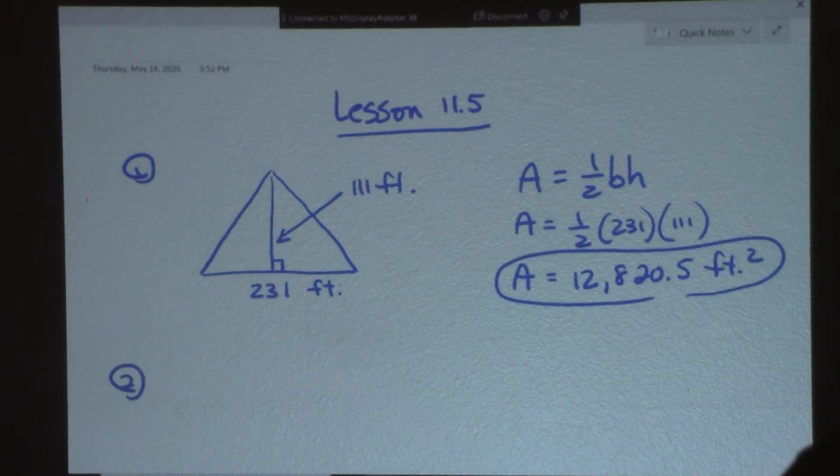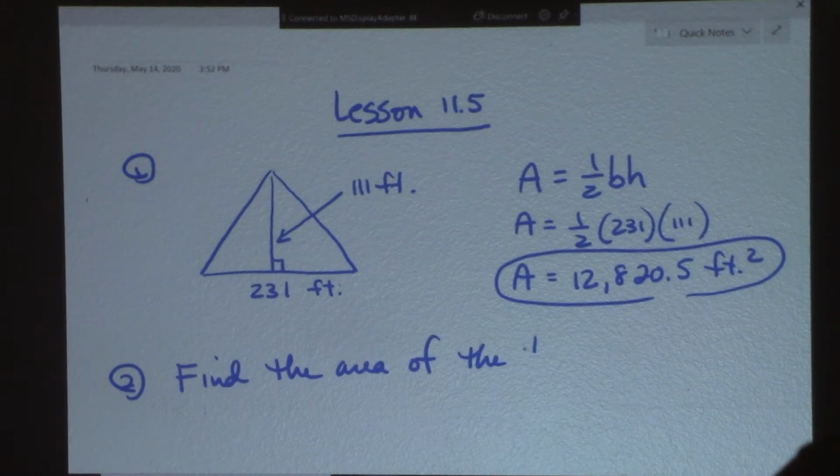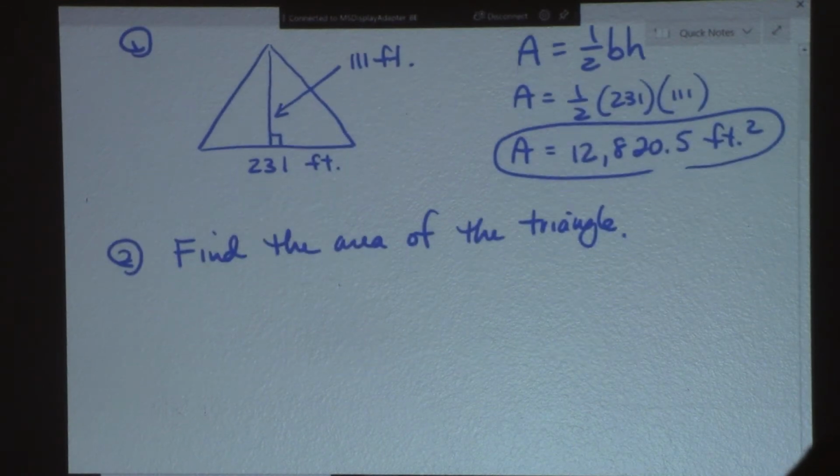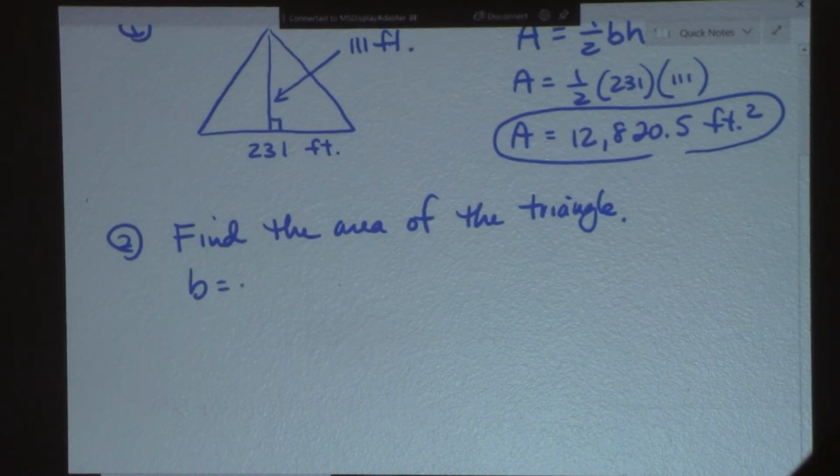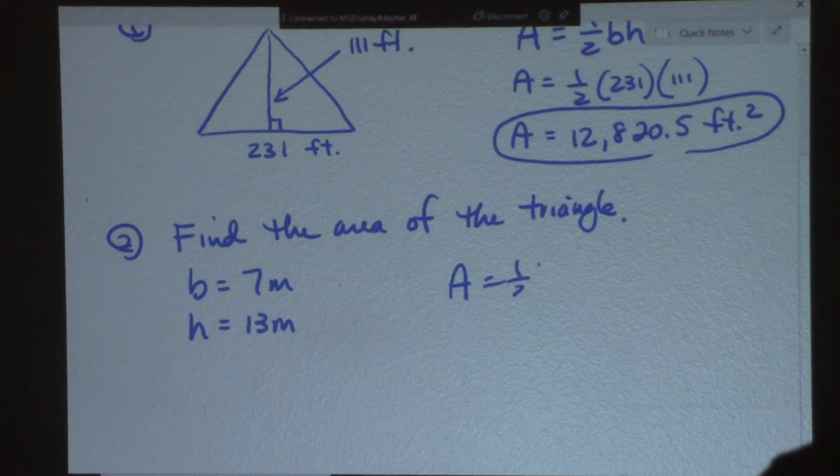And number two, find the area of the triangle, and we have a base of 7 meters and a height of 13 meters. Okay, so really it's just practicing using the formula.